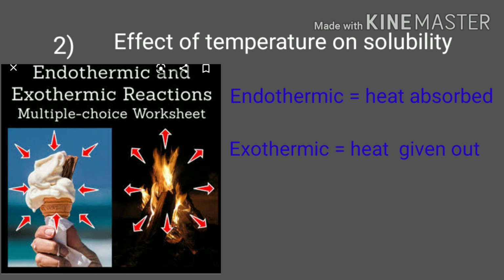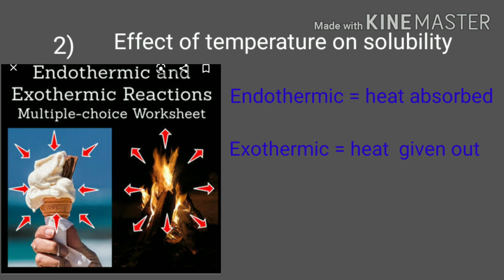The endothermic reaction is where heat is absorbed from the surroundings, and exothermic reaction means heat is given out from the system. If you look at the pictures there, the first one is an ice cream cone. You can see that because the ice cream is absorbing heat from the surroundings, it is melting, so it is endothermic. Next is a bonfire. There, because of the fire, heat is given out, so it comes under exothermic reaction.